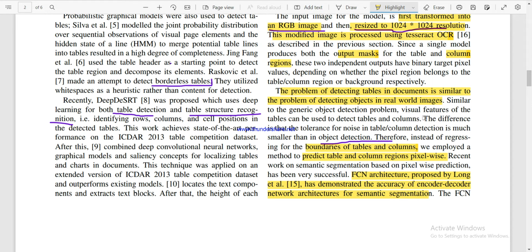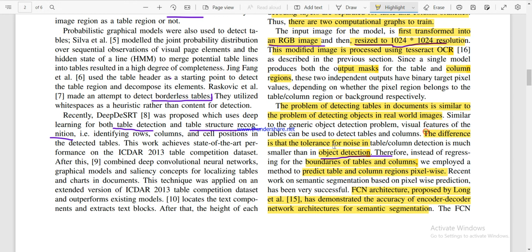The difference is that the tolerance for noise in table and column detection is much smaller than in object detection, because object detection deals with a number of objects, but table or column detection is a limited thing.